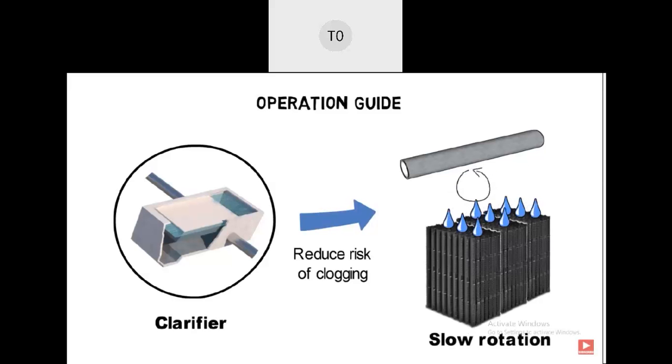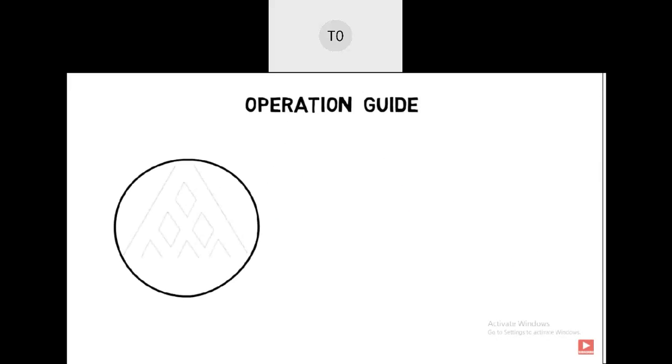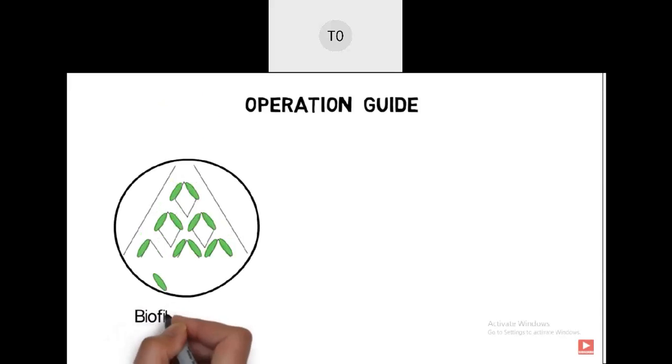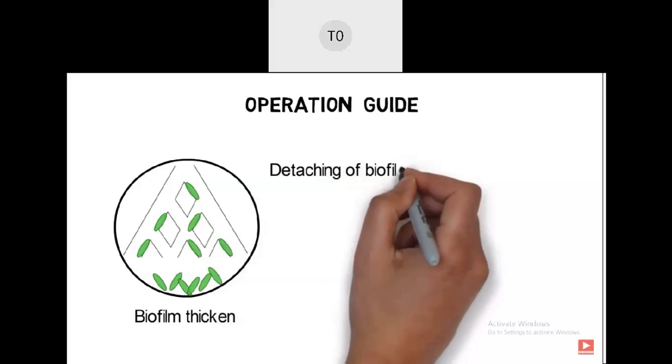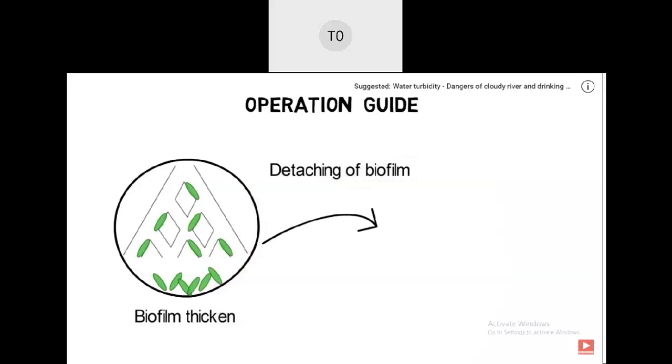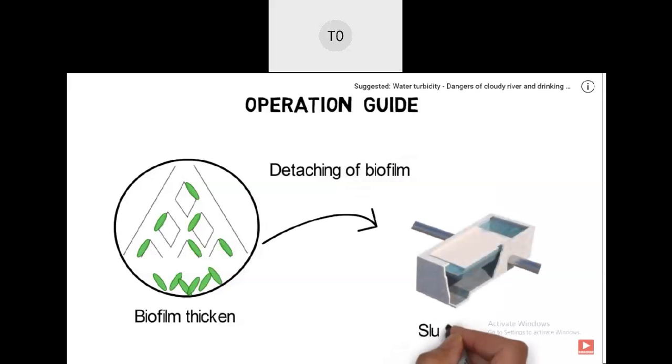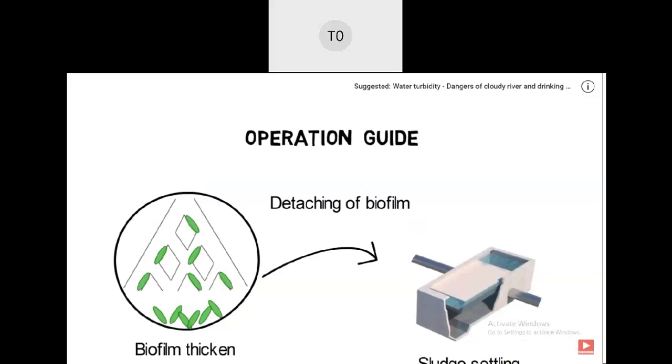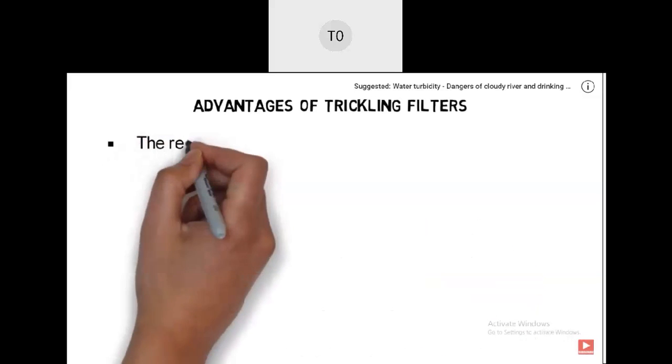The smaller the rotation velocity, the higher the water volume per square foot, and the bigger the flushing effect. In time, the biofilm thickens and detaches into the liquid flow, forming the secondary sludge. Trickling filters are normally followed by clarifier or sedimentation tanks. The sludge collected is treated for reuse or prior to disposal.